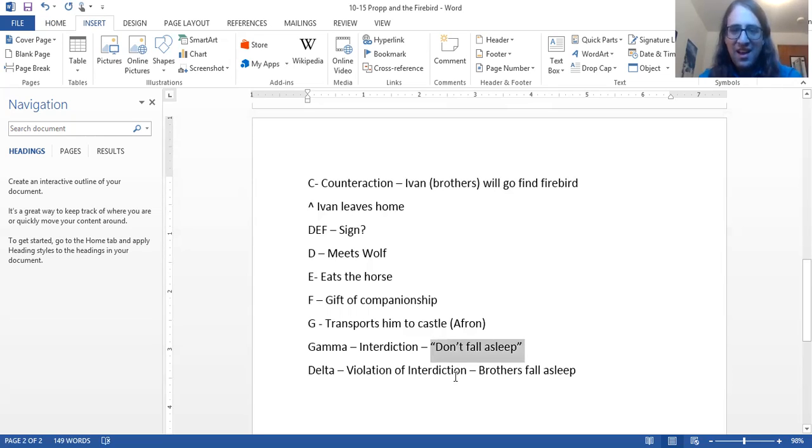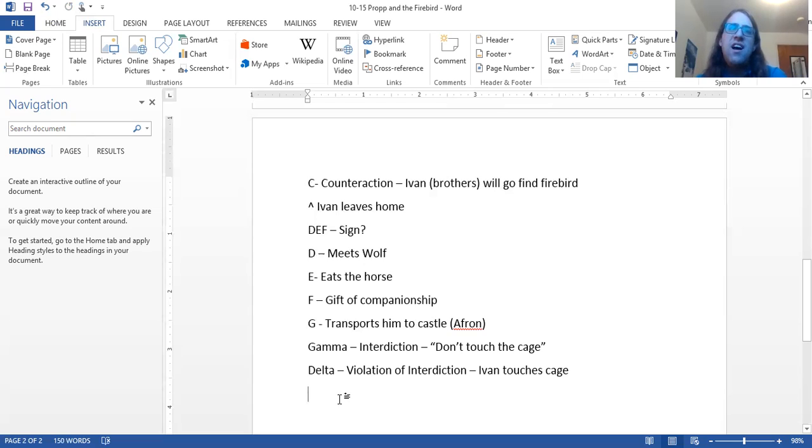But the interdiction here is don't touch the Firebird's cage. But of course, it's violated. Ivan touches the cage. And that causes some problems. Tsar Afron finds him, gets mad at him, and sets Ivan off on a quest.